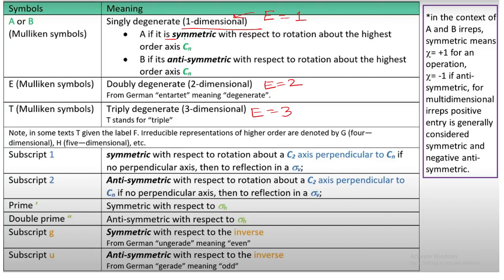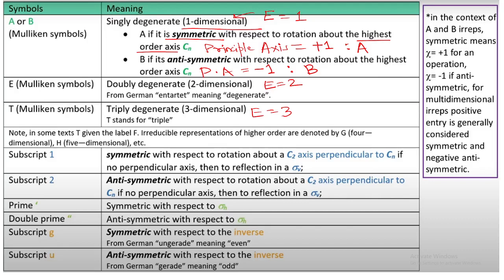If it is symmetric with respect to the highest order axis, the principal axis, it should be plus 1, and we will write the letter A. If the character under the principal axis is minus 1, we will write it as B.